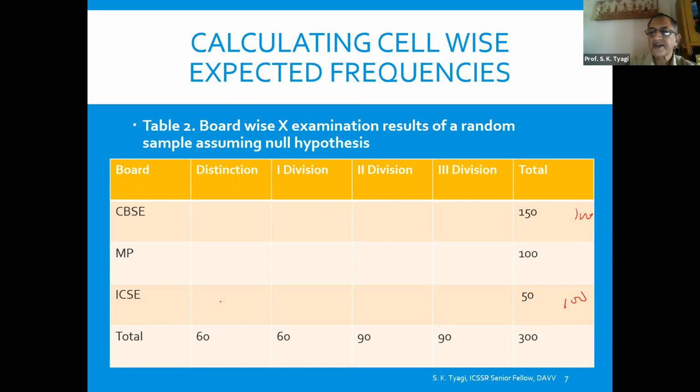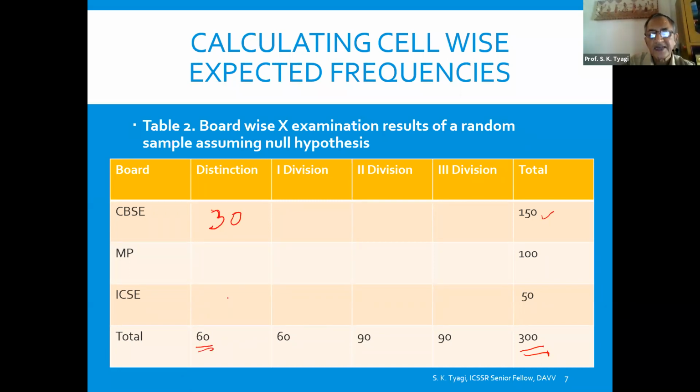But this is a bit difficult situation. Here the sample size is not equal, but we know the ratio. The ratio is, this is half of 300. So out of 60 distinctions, here we expect half, that is 30. Half of 60.